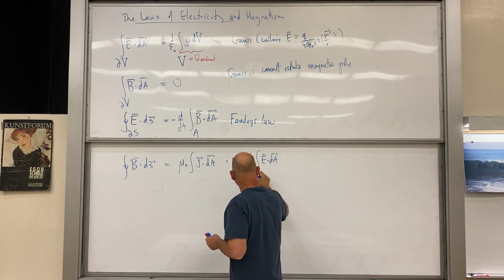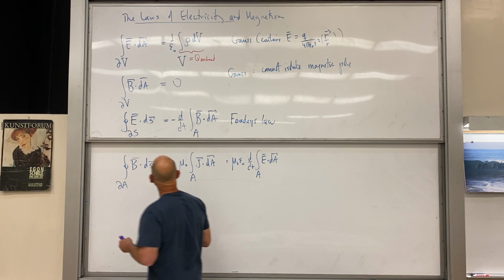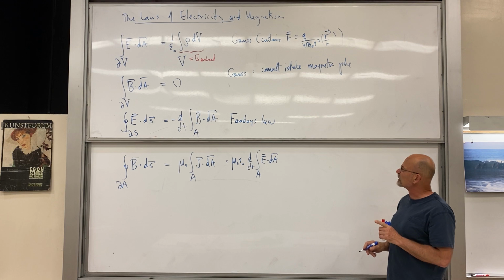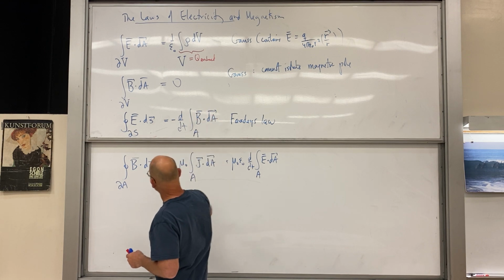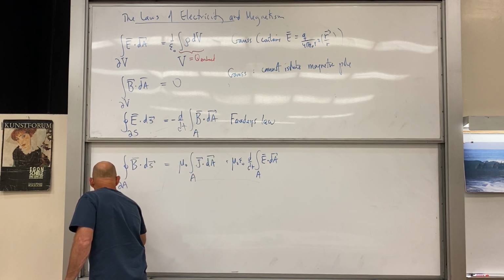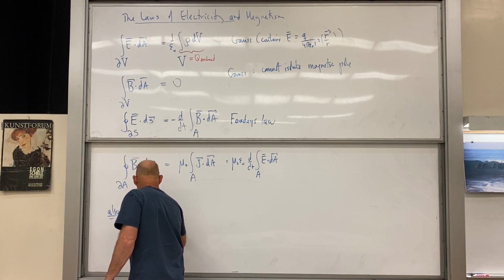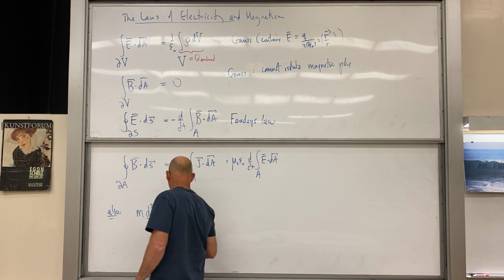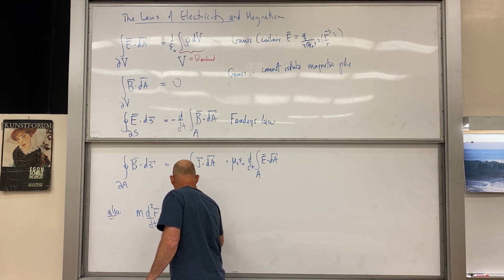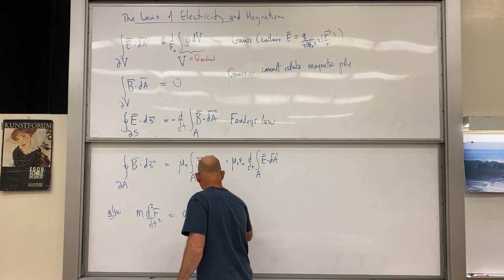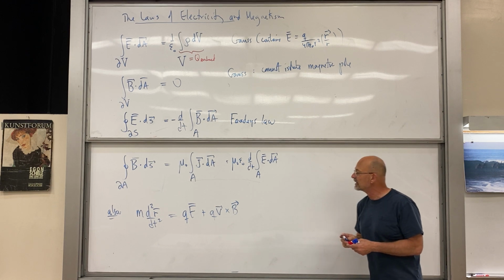Okay, so this is pretty heavy on the integral theorems. So again, this is an area, this is an area, this is a curve that bounds that area. So I'm going to describe them a bit for you. And also, this is the laws of electricity and magnetism. Also, to make it complete, we'd have to say we know that mass times acceleration of a particle, this is just Newton's law, force equals mass times acceleration, and the force for electromagnetism is QE plus QV cross B. So I've assembled everything we've done.